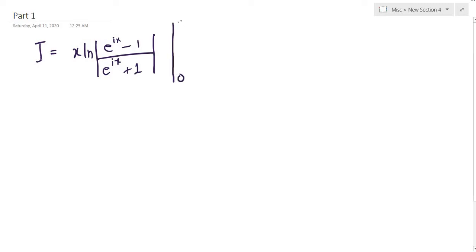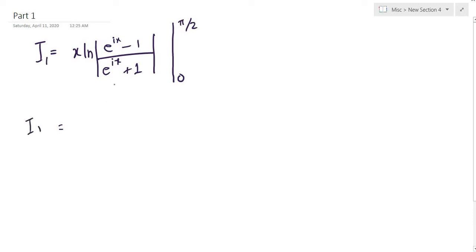See you then. So we have I1 being defined as x times the natural log of (e raised to ix minus 1) divided by (e raised to ix plus 1), but that's getting evaluated from 0 to pi over 2. So we are separately going to plug everything in. So that's I1.